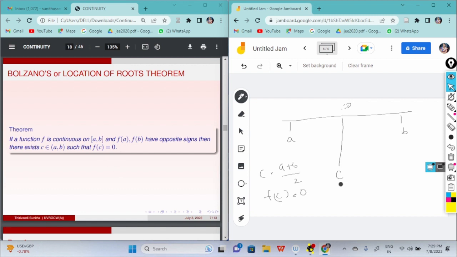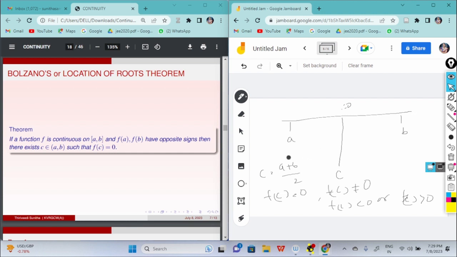If not, that means f(c) is not equal to 0, then it must be less than 0 or greater than 0.